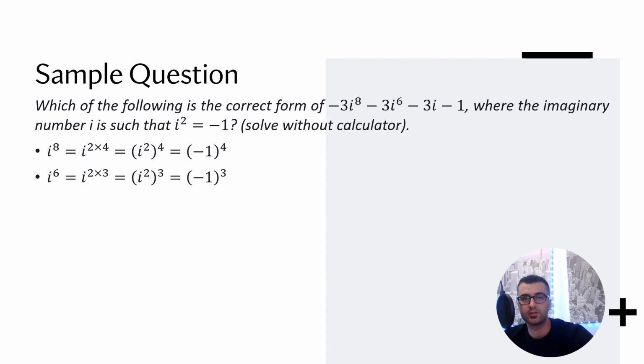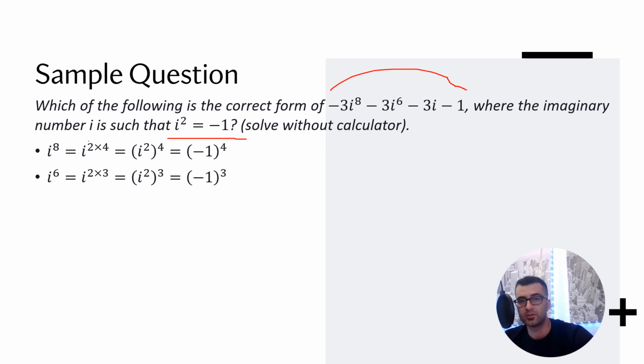So let's go back to the question. The question had an imagination. Don't forget that: I to the power of 2, or I squared, equals minus 1. Let's rewrite the term in a way that we have I to the power of 2. That will help with the answer. So we'll have I to the power of 8 equals I to the power of 2 multiplied by 4.